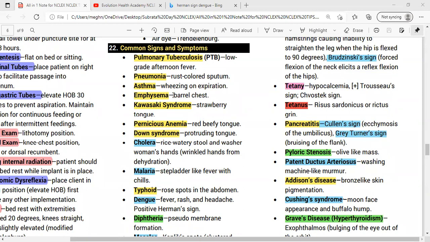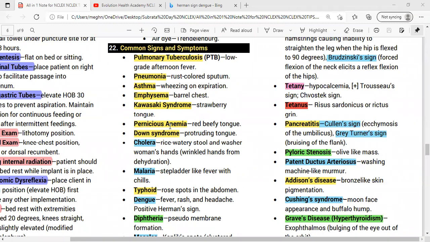Emphysema: from the patient's history, or if you examine the patient, a barrel-shaped chest is more common. If a patient has Kawasaki syndrome, it usually presents with a strawberry-like tongue.